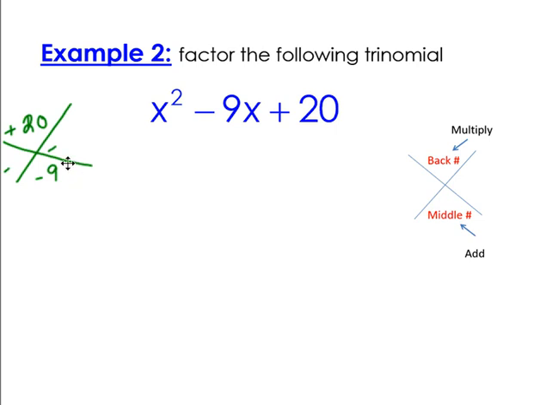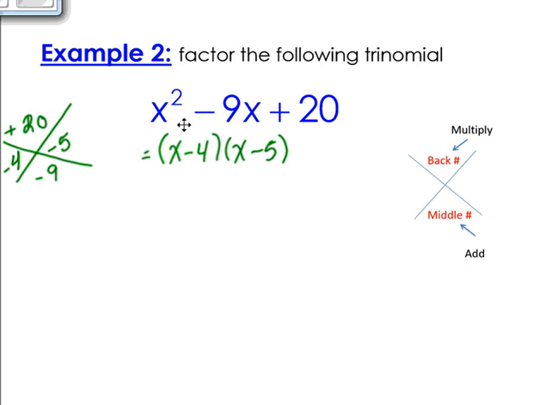So I'm going to think about what multiplies to give me 20 and also adds to give me negative 9. And that would be negative 4 and negative 5. Therefore, my answer would be x minus 4, x minus 5. And that's my final answer for example 2.